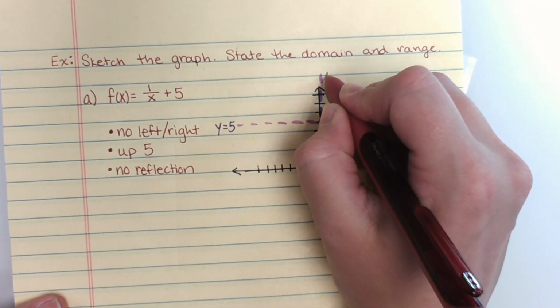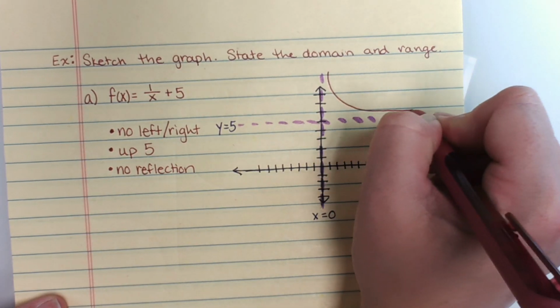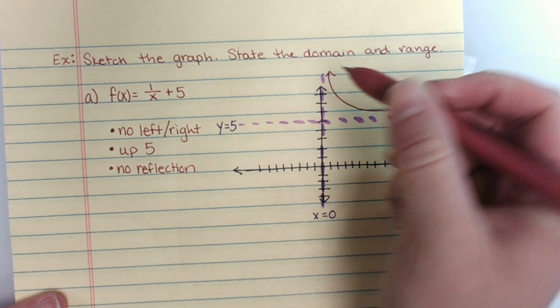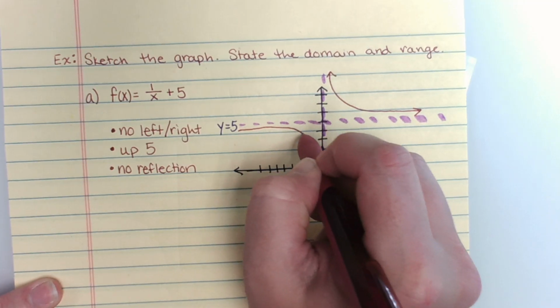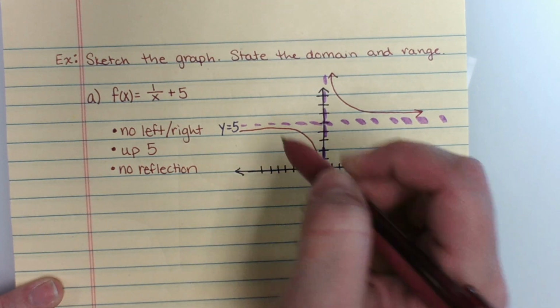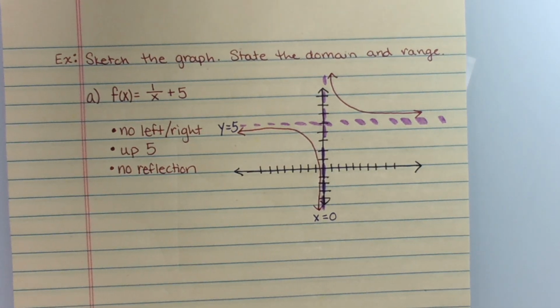Now, your graph should get close to the asymptotes without touching them in both areas. Flatten out by the asymptotes. If you accidentally hit the asymptote, it's okay. It's not the end of the world. Just don't go like full on through it. Ta-da, I graphed.